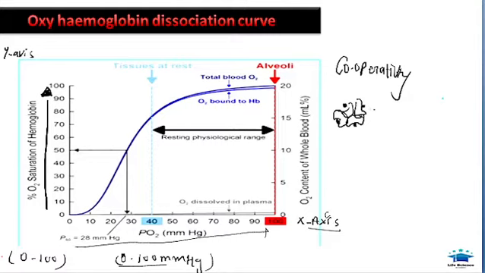So first of all, if one molecule of oxygen binds to this region, it will facilitate the binding at another heme group of hemoglobin. This in turn shows the cooperativity. That means one molecule can facilitate another molecule.